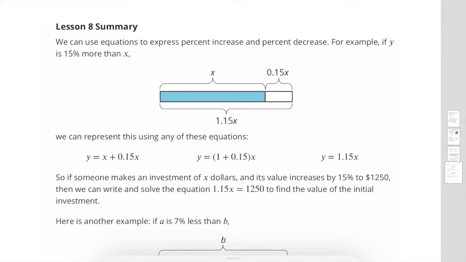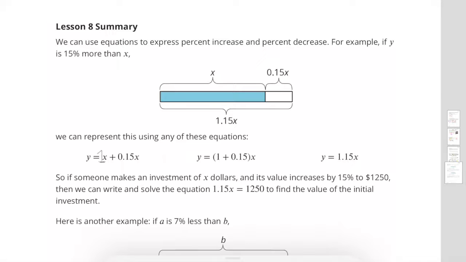Okay, so you can use equations to express percent increase and percent decrease. For example, if y is 15% more than x, then we can represent it using any of these three equations. So these three equations all represent the same thing. So when you have just a variable, you should know that there is always an invisible 1 in front of that.